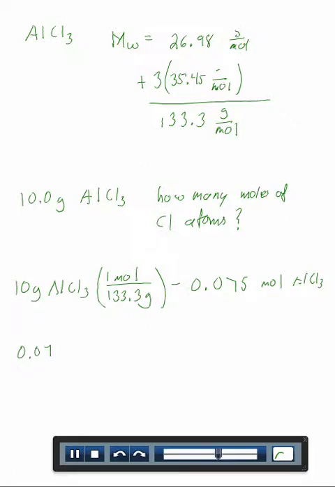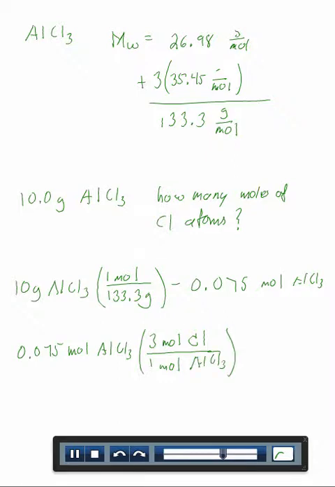Now, I'll take that many moles of aluminum chloride and multiply it by the atom ratios in the molecular formula. There are 3 moles of chlorine atoms per every 1 mole of aluminum chloride. So that will give me 0.23 moles of chlorine atoms.